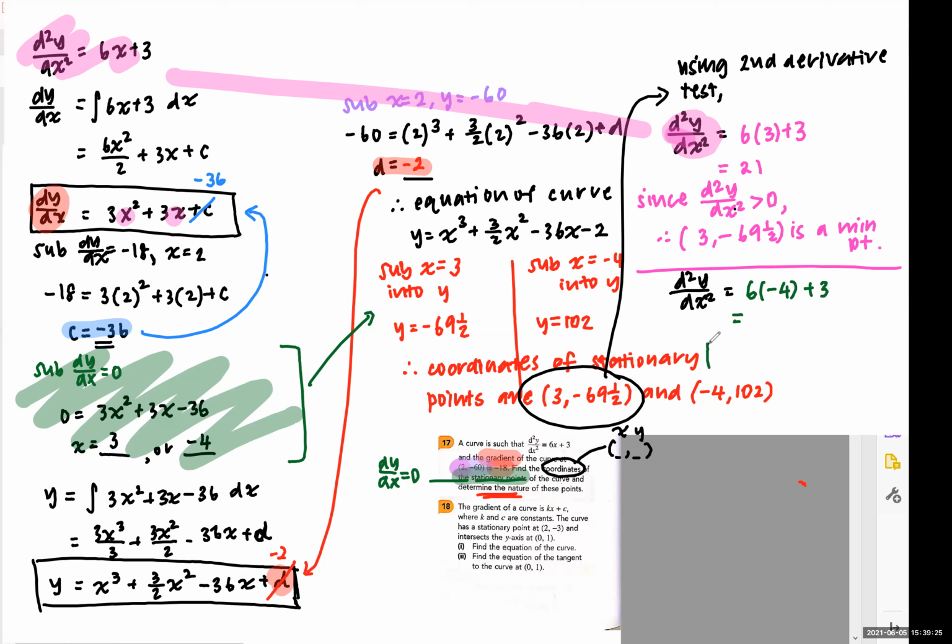Negative 21. Okay, and then we can say that since the second derivative is less than 0, therefore we can say that (-4, 102) is a maximum point. Very good. The end. Finish.